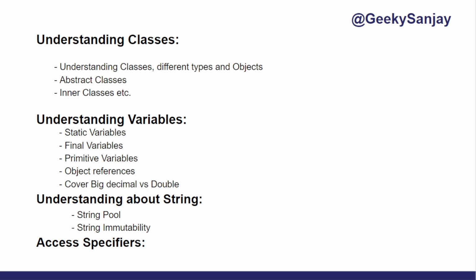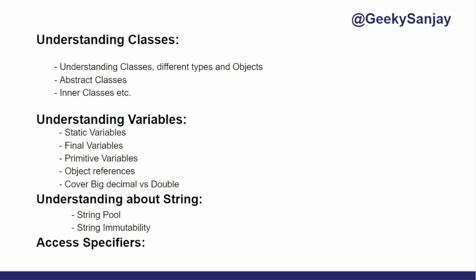String pool means whenever we are using a string literal, meaning double quotes, and we create a string, it will directly go and check in the pool, which is a memory area. It will check whether it is available or not. If it is available, it will return it. Else, if it is not available, it will create a new one inside that pool. So this is called the string pool.